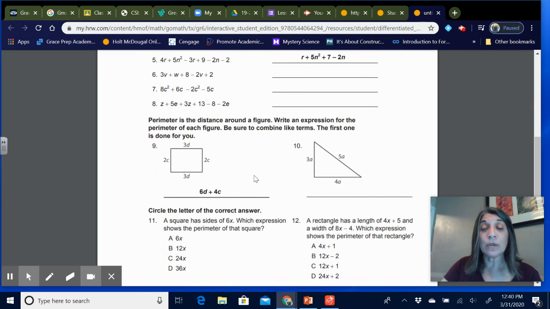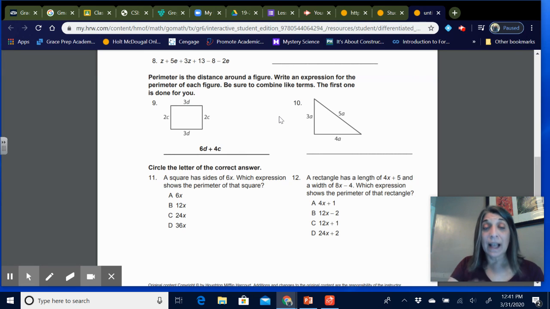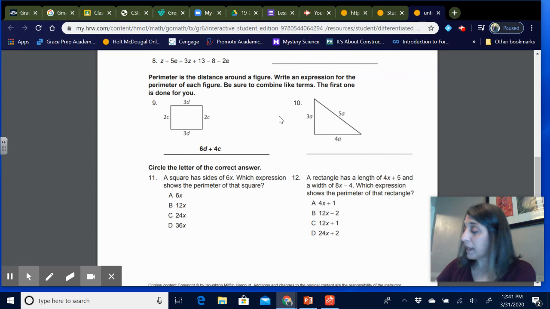Now, when you get down to these bottom ones here, perimeter, remember perimeter is just adding every side, right? So what they did on this one, and I'm going to write this on my whiteboard here. It's 3D, 2C, and 2C. I should have written this ahead of time, sorry. Okay, so let me switch over really quick.